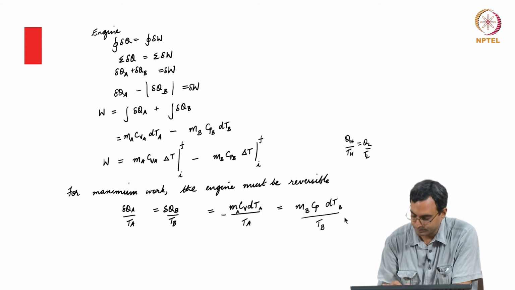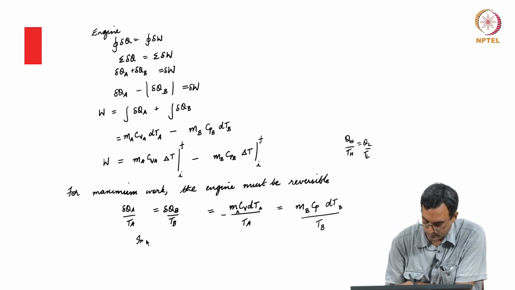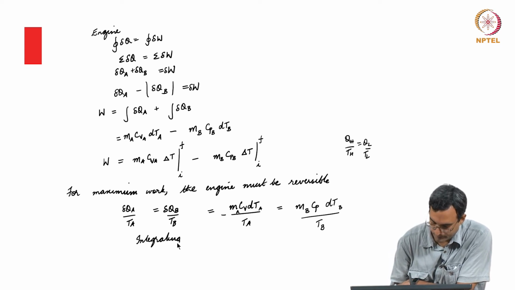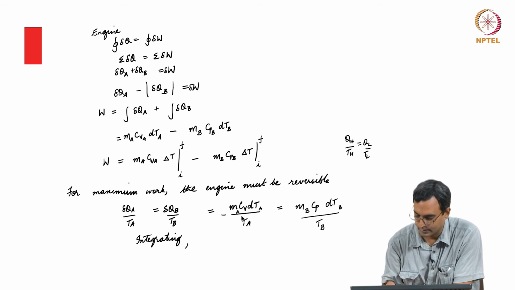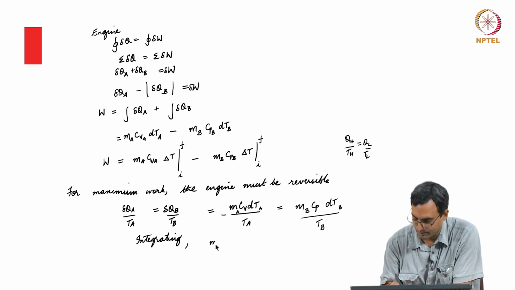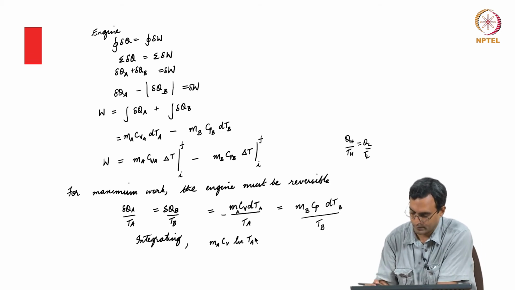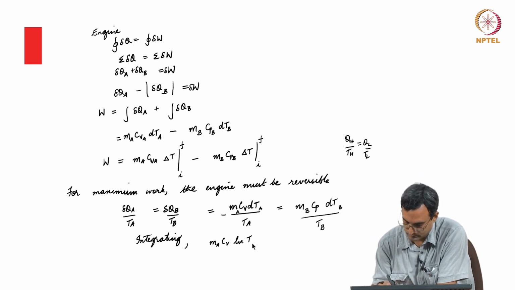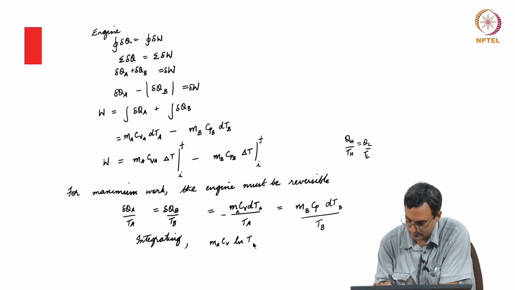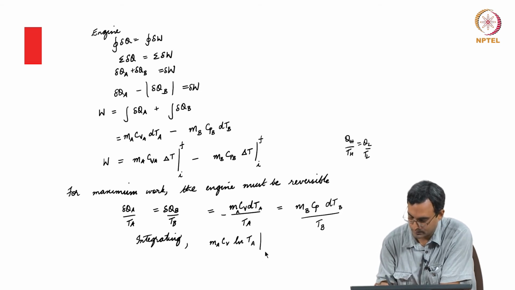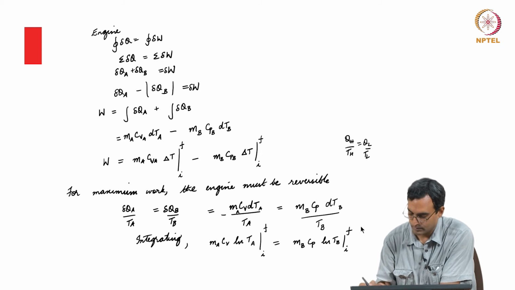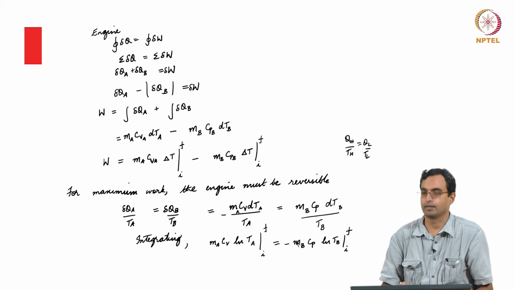So, we can integrate this. Integrating, what we get is that this is essentially m of A into Cv of A into ln T_A, going from initial temperature to final temperature, is equal to mass of B into Cp into ln T_B, going from initial to final, and then the minus sign is still there.